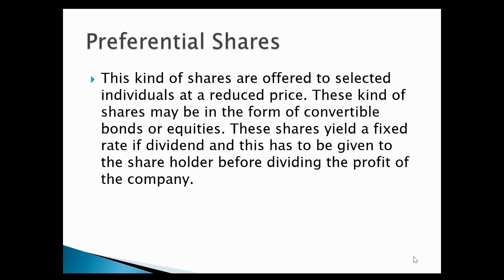And these institutions are buying these shares for themselves. They are not going to sell it to other people, right? So they are not acting as an intermediary, and hence it is known as qualified institutional placement.